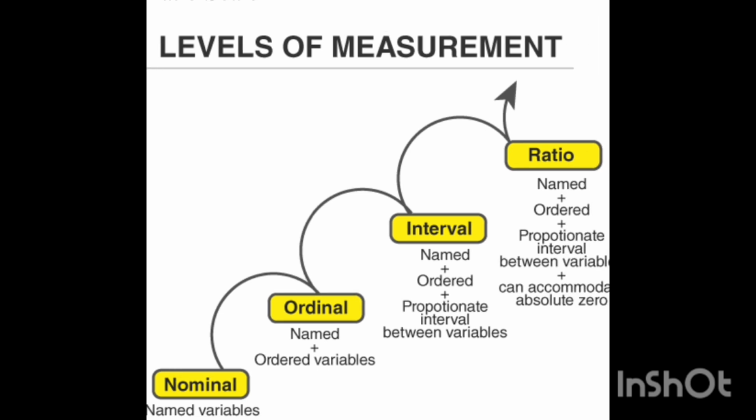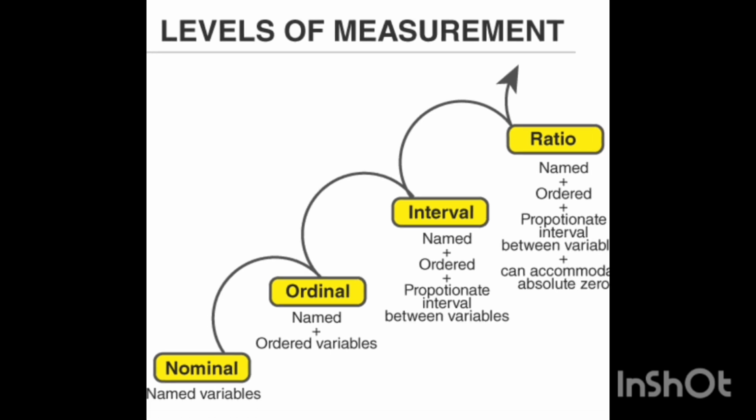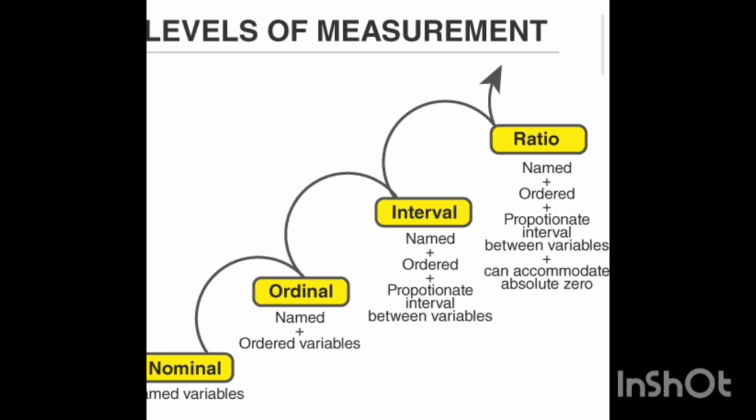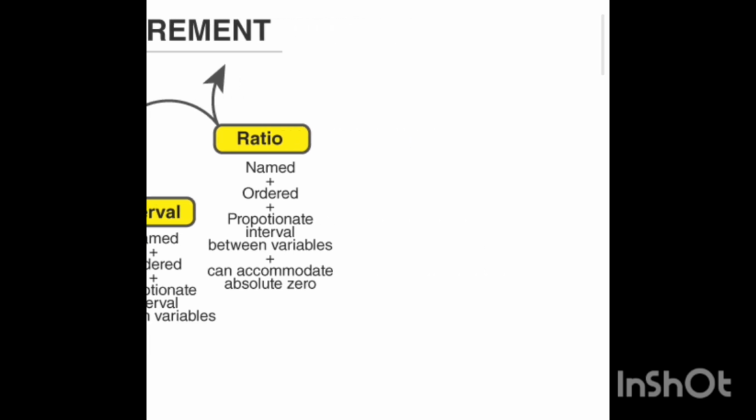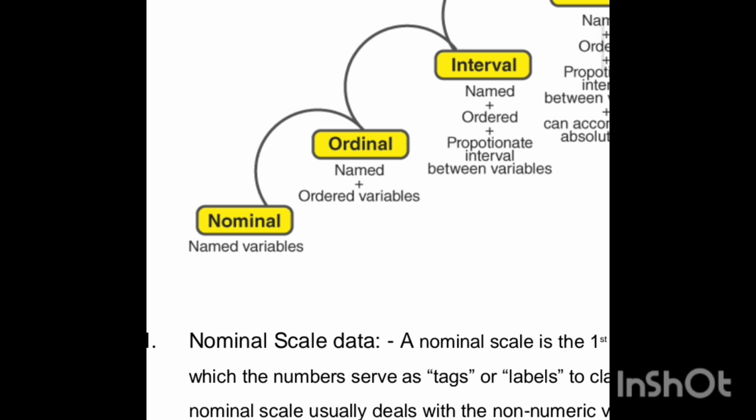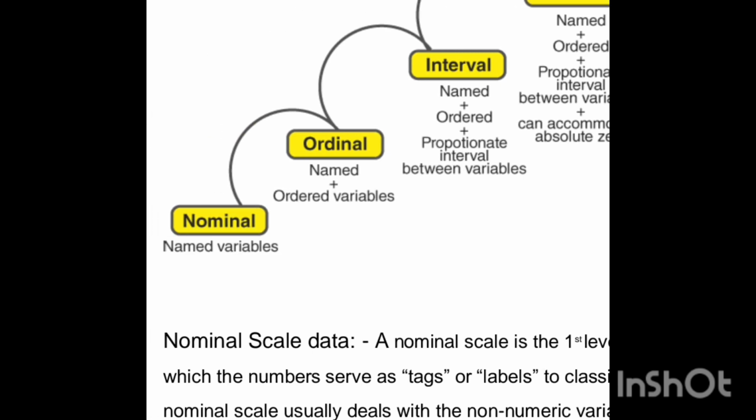A nominal scale usually deals with the non-numerical variables or the numbers that do not have any value. Okay, qualitative or categorical data, example gender, color and the labels. Order or rank does not matter here.